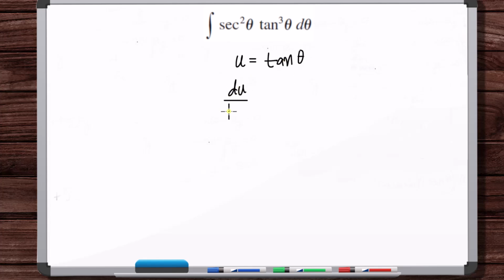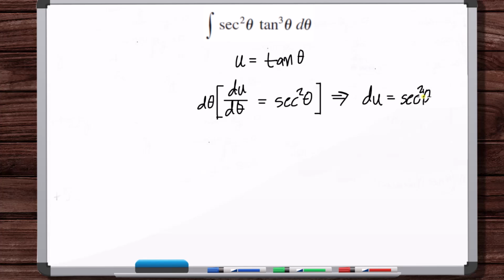So du d theta is equal to secant squared theta. Okay, so du is equal to secant squared theta d theta.